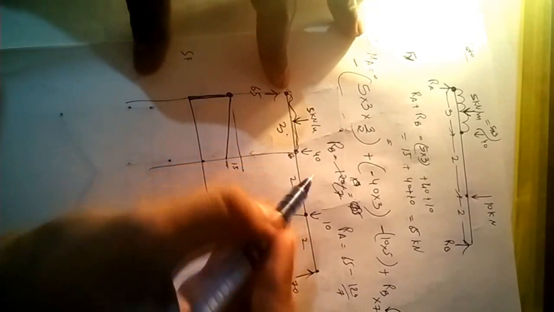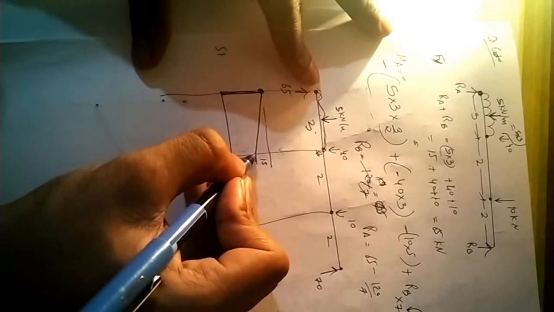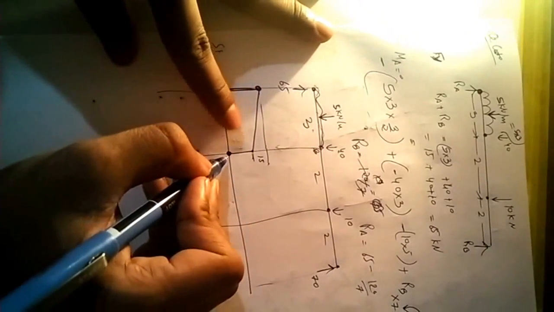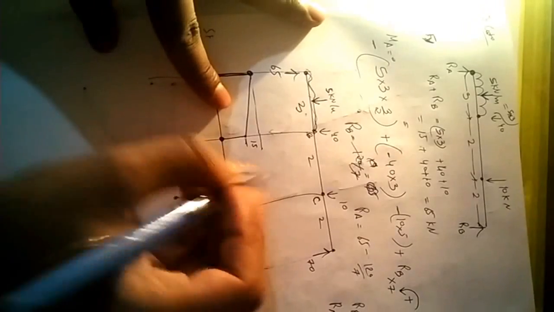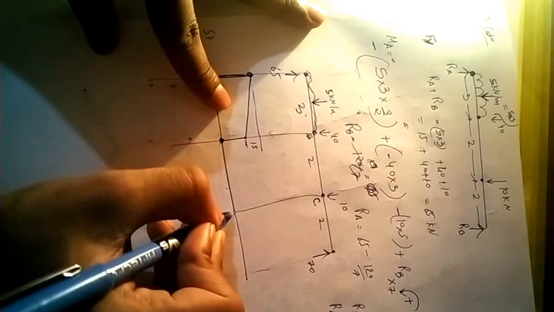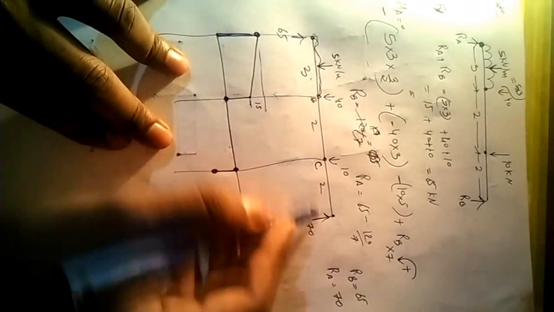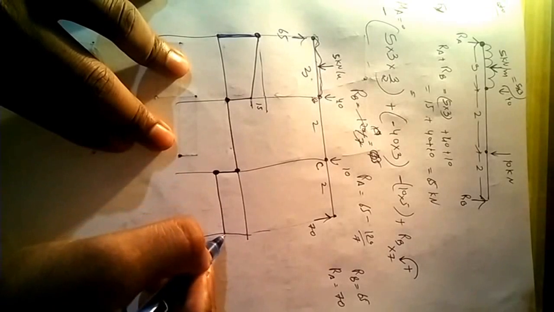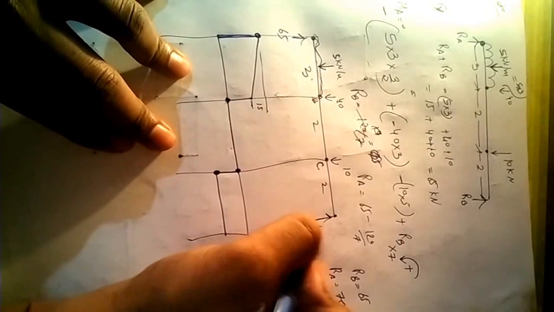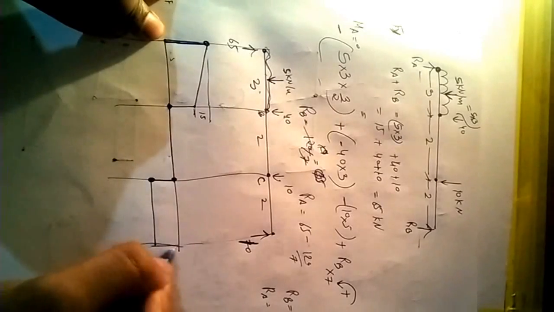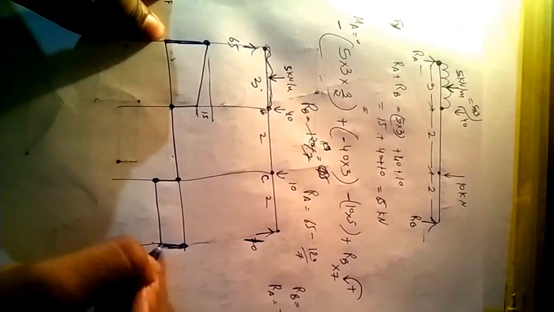Now at point B, 40 will also decrease. Now till C there is no force, so it will be a straight line. At point C, 10 will decrease. Remember the beam is in equilibrium, so shear force will end at 0.